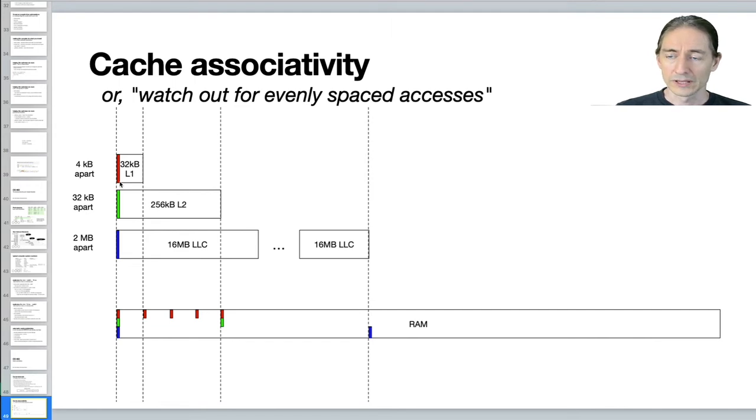So it may look like we have a 32 kilobyte L1 cache, but the addresses that we're accessing, because of the way they're spaced, can only go in the first line of the cache. So we're wasting the rest of the cache, essentially.